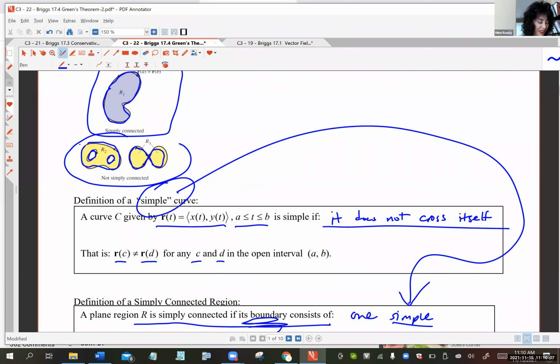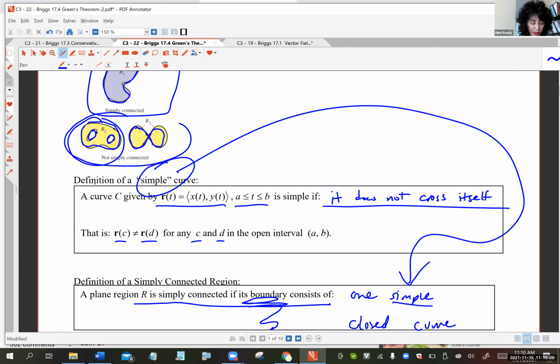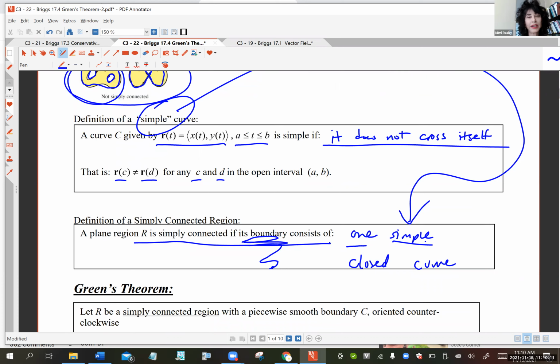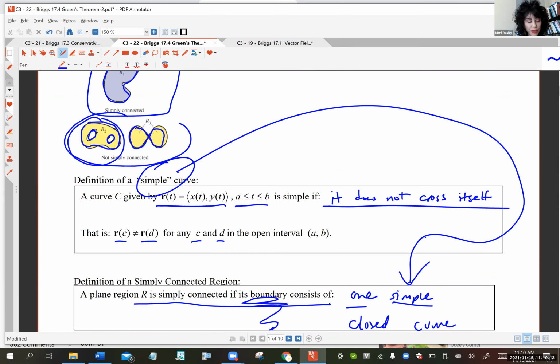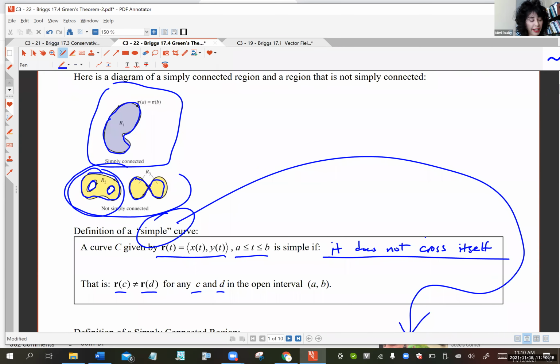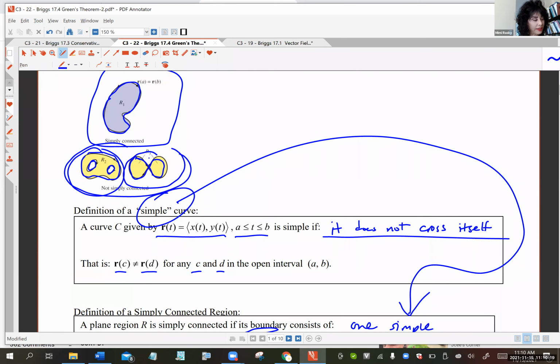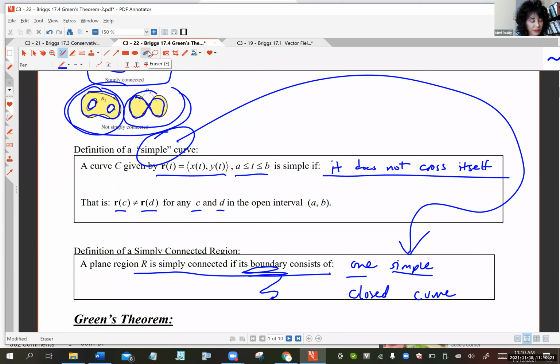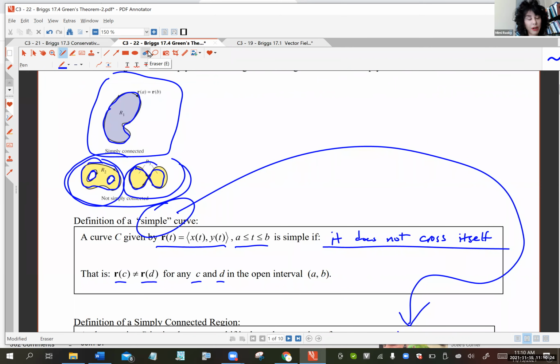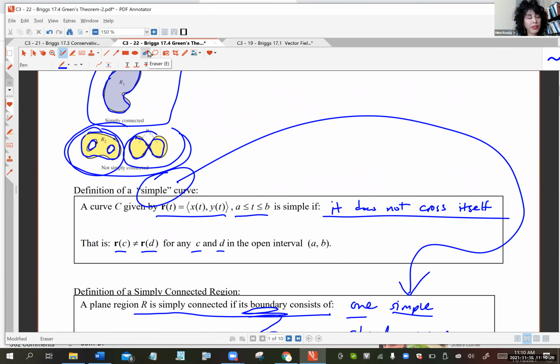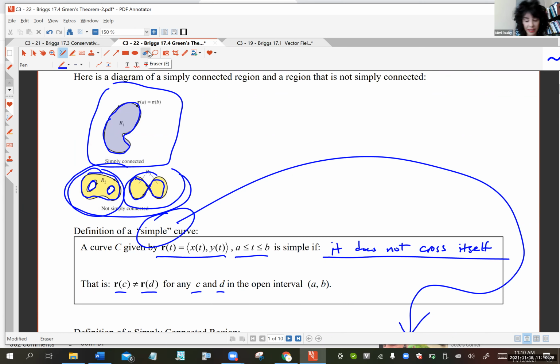So the first is not simply connected because it has more than one closed curve to capture the entire boundary of the region, and this one crosses itself. So both of those yellow ones are not simply connected. Well, why do we need simply connected? Because we need it for Green's.